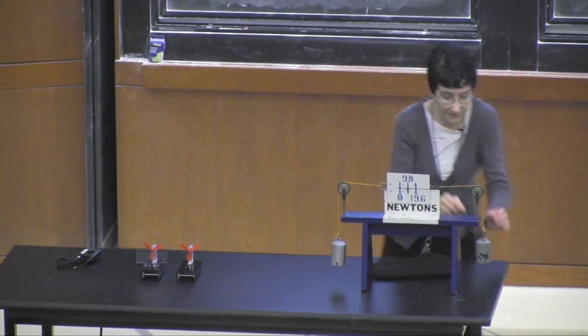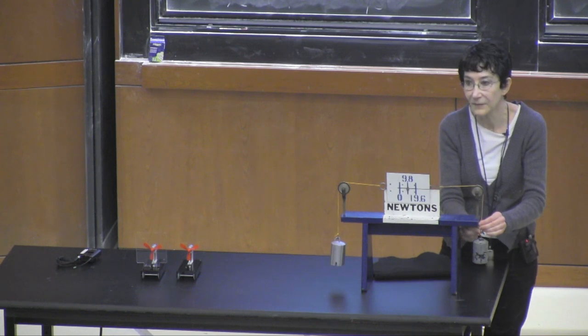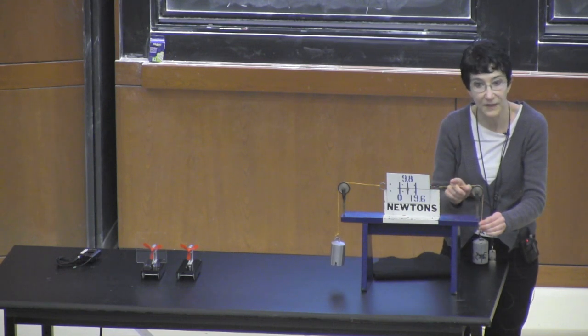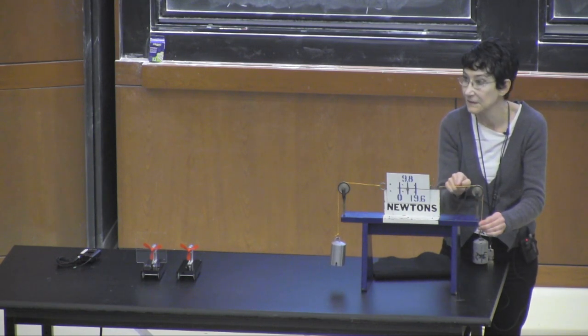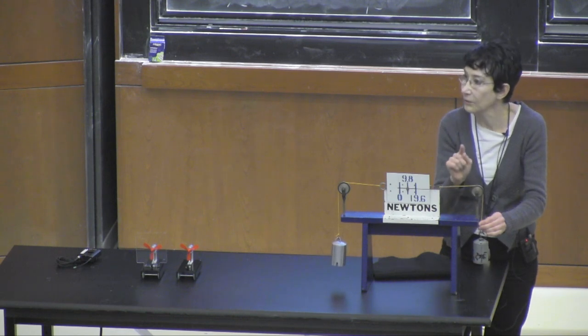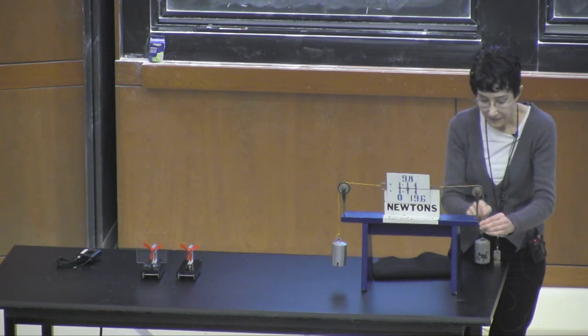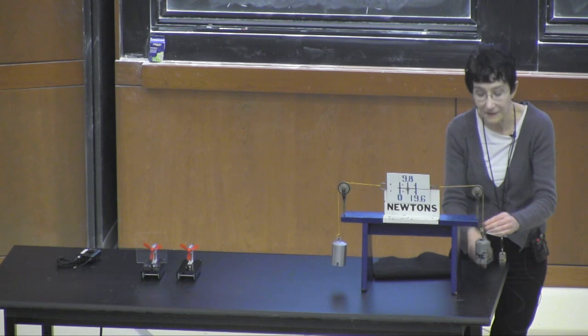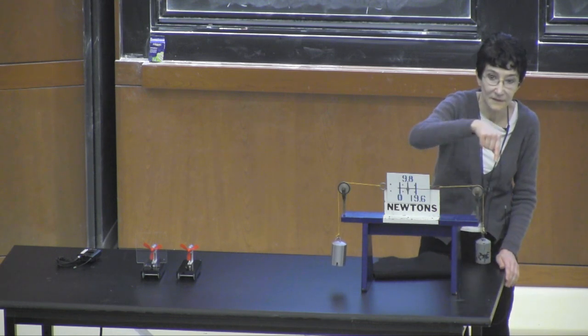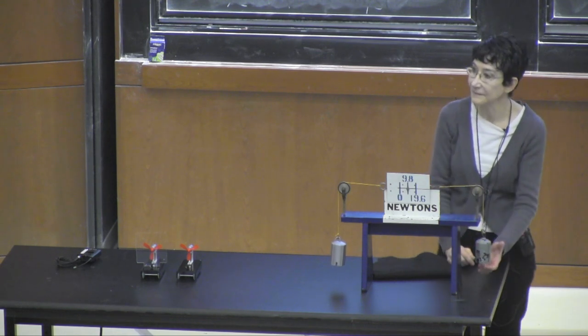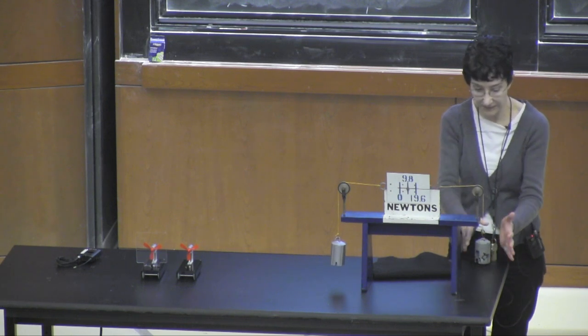Even before, it was in equilibrium, so the tension was mg already. So when I put this body, the tension now is mg again, because this body is the same as this one, it is 9.8 newtons. So this force was already 9.8 newtons.